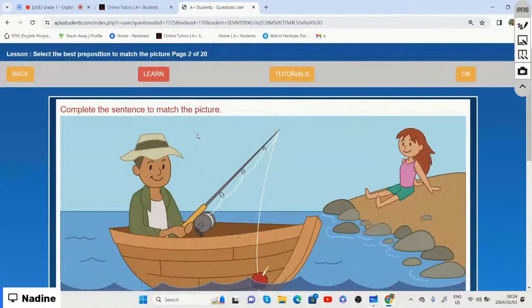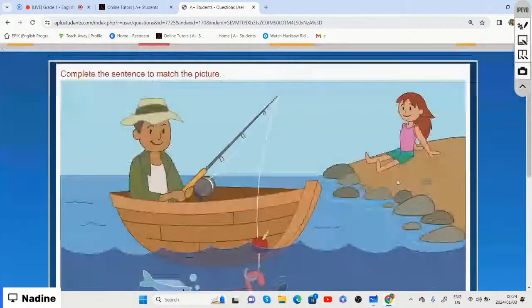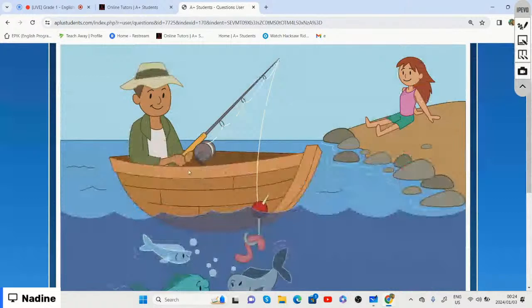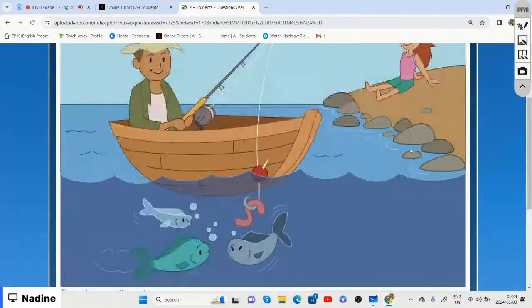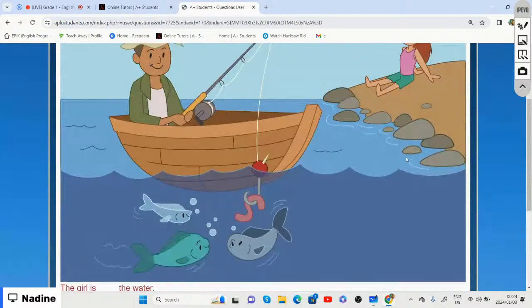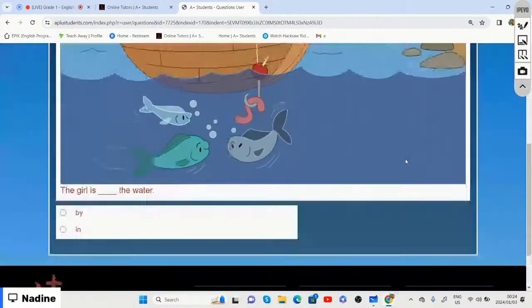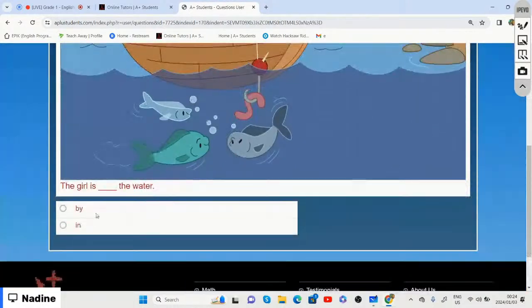Now we need to complete the sentence to match the picture. Here we have a picture of the dad fishing and a girl that is sitting, right? So now they're saying the girl is sitting in the water.